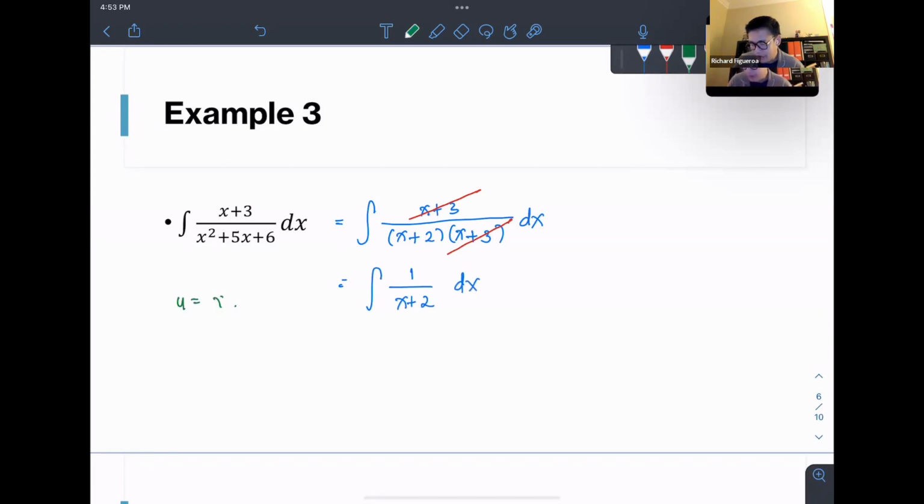So our u is x plus 2 and du is dx. So this is our u, du is dx. So I can now use the natural logarithm. So the answer is ln of x plus 2 plus c.